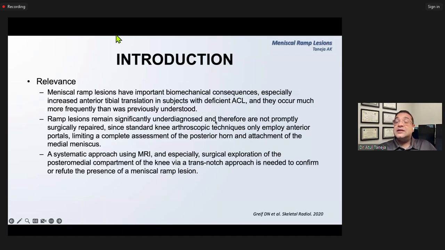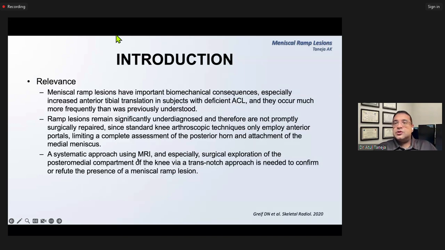Ramp lesions remain significantly underdiagnosed. Therefore, if not repaired, many of them will have chronic instability related to the meniscus itself, not only to the ACL. Also, the surgeon needs to be aware of that because he needs to employ some specific arthroscopic approach, either an accessory portal or a different portal, to approach the posterior horn, which is not easy to see on the standard arthroscopic portals.